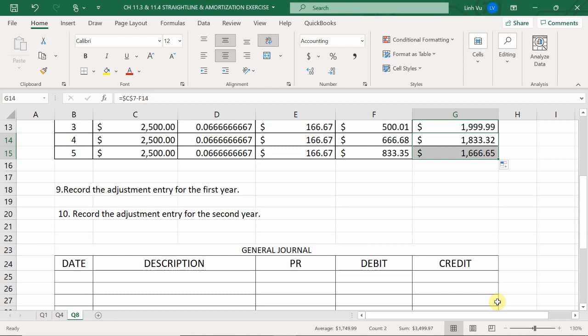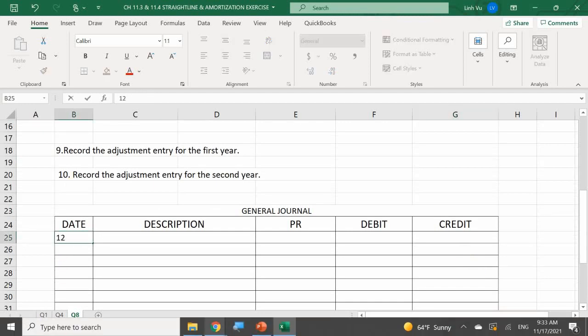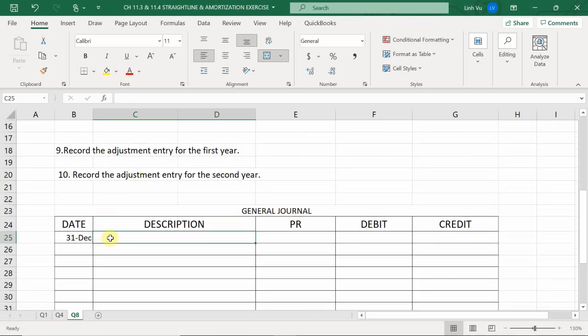So in this case, let's go ahead and record the adjustment entries for the first and second year. So this time, assuming that I am doing my amortization at the end of December 31st. So in this case, what is my journal going to look like? Amortization expense. Okay. Accumulated amortization.